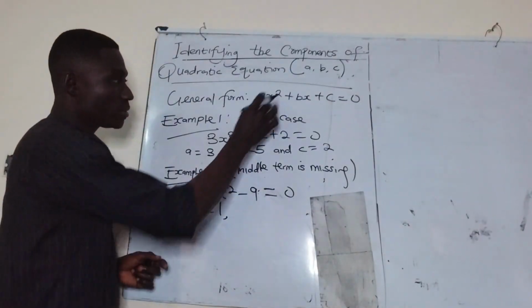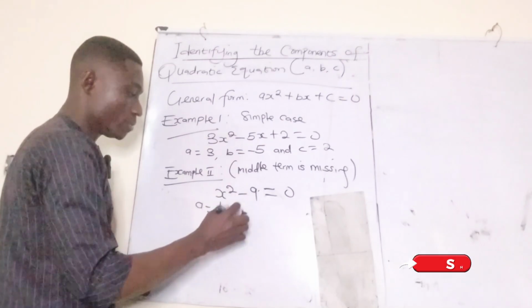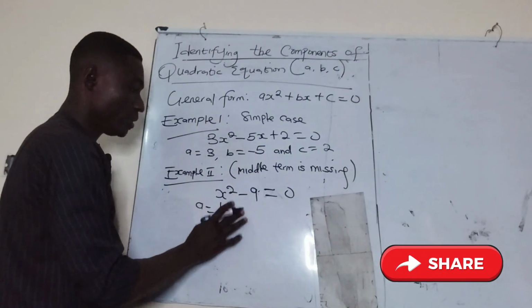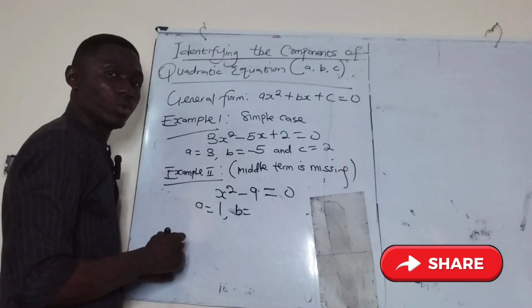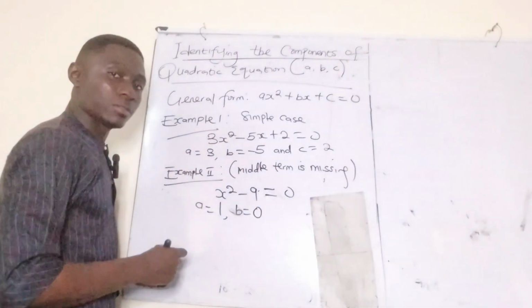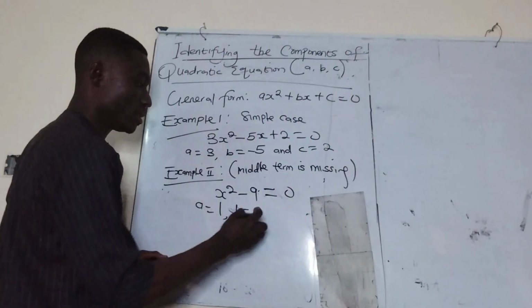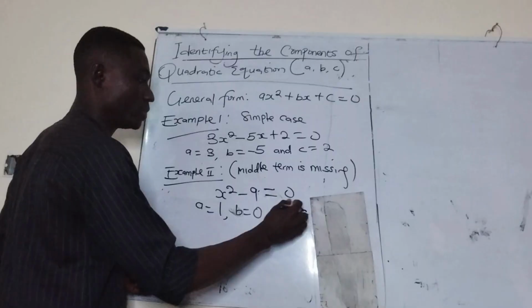There is nothing attached to x, so there is no x here. So it means our B is not part of this equation. It means it is nothing. That's 0. 0 in maths means nothing. And our C, which is a constant here, is minus 9.